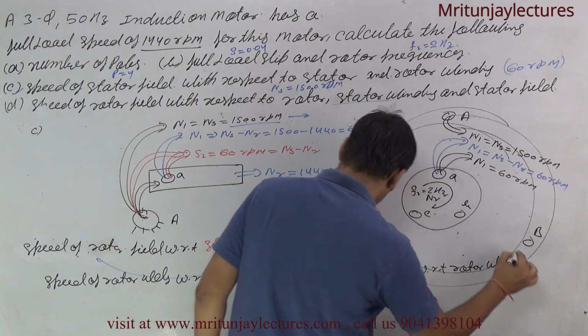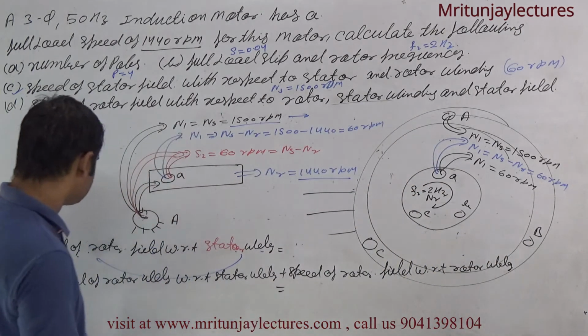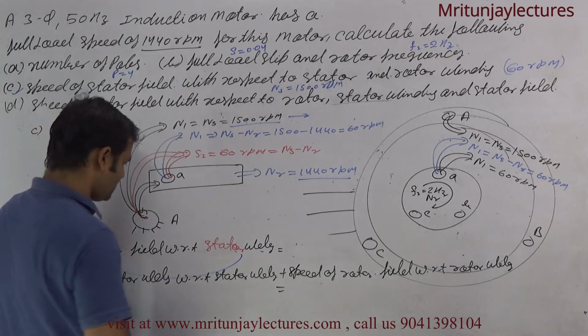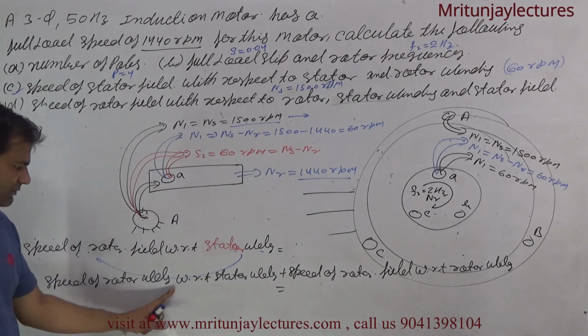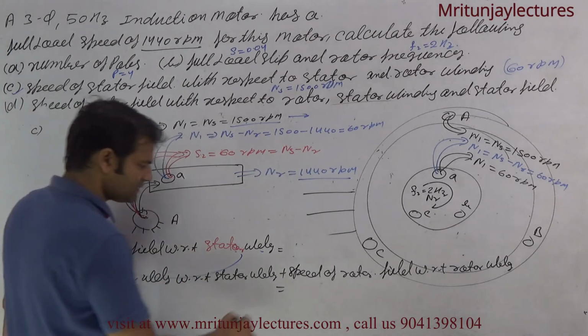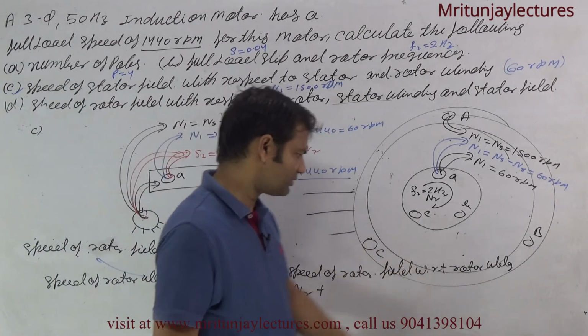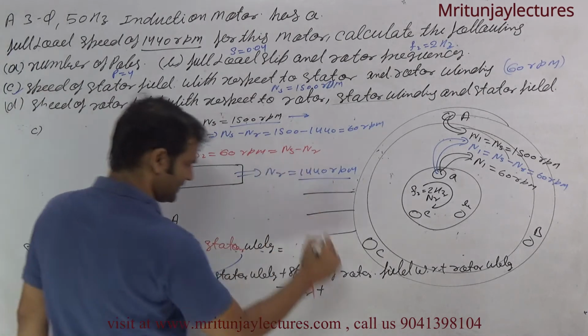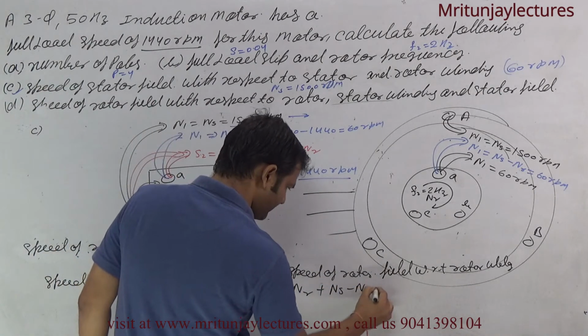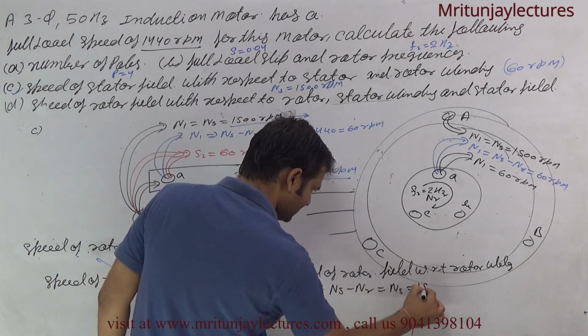Clear? The speed of the rotor winding with respect to the stator winding is nr. The speed of the rotor field with respect to the rotor winding is ns minus nr. So the total is ns, that is 1500 rpm.